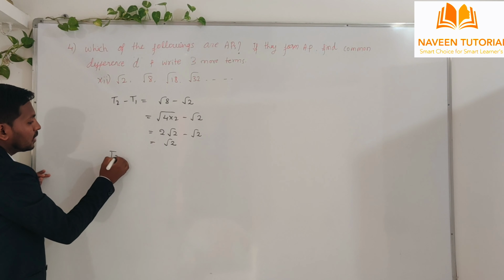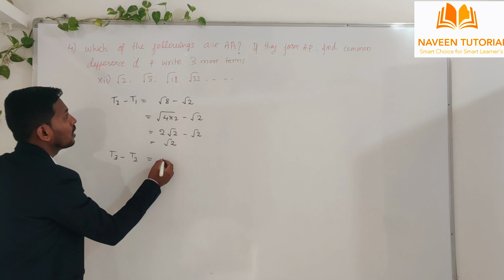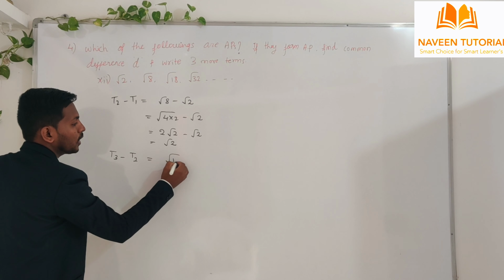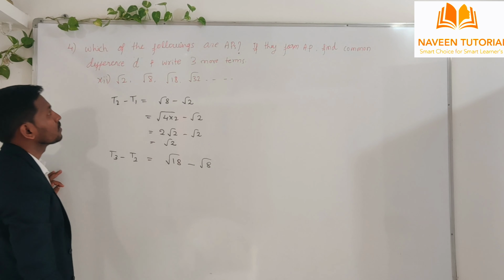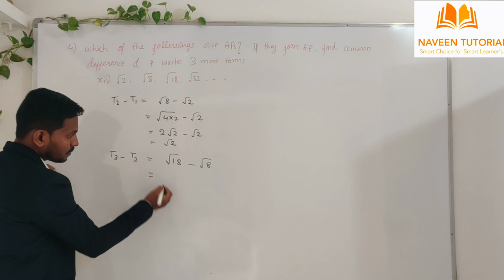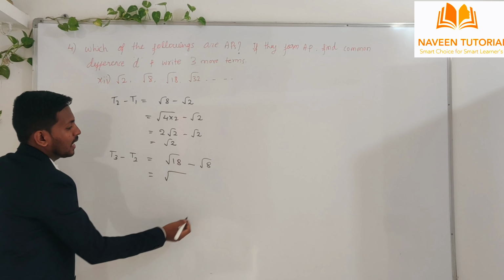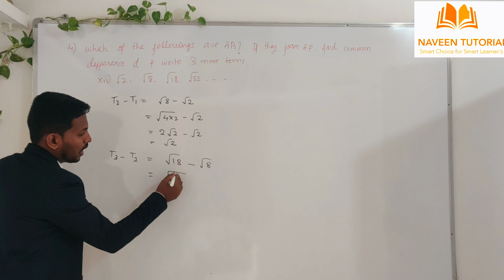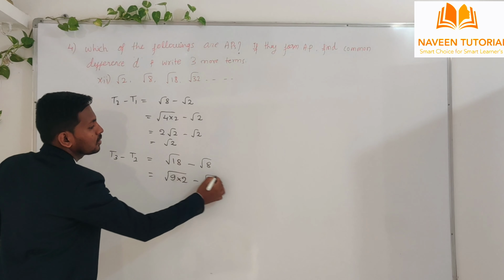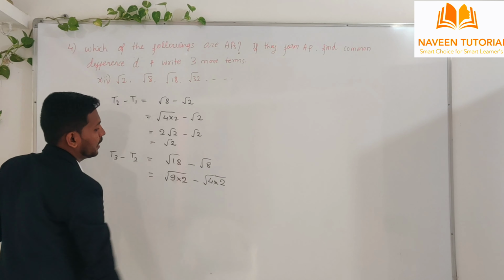Now T3 minus T2. The T3 value is root 18 minus the T2 value, root 8. Now this root 18 can be written as root of 9 times 2, minus this root 8, which can be written as root of 4 times 2.